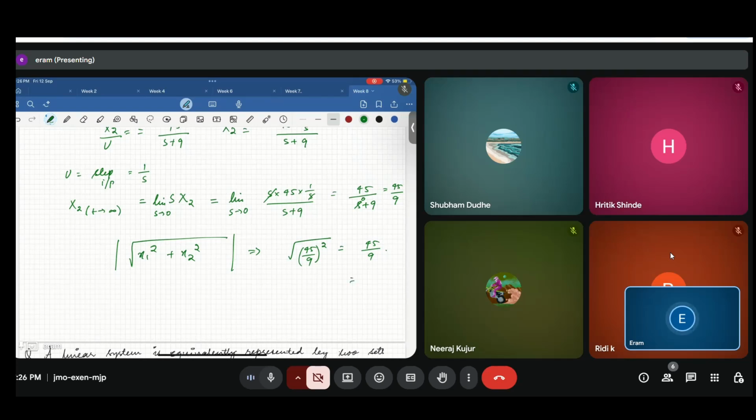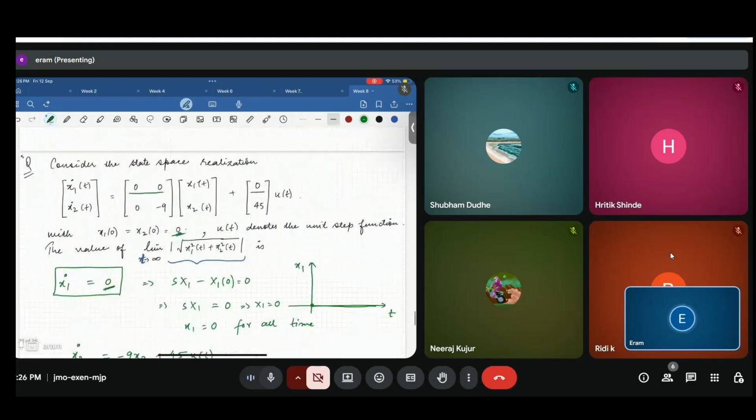And what is the answer then? 45 by 9 is 5, right? So the answer for this question is 5.